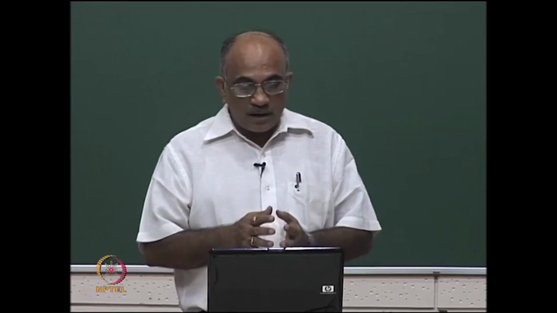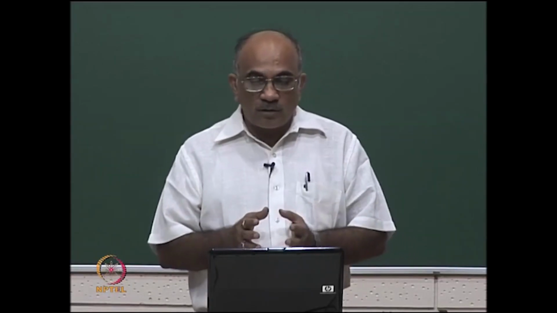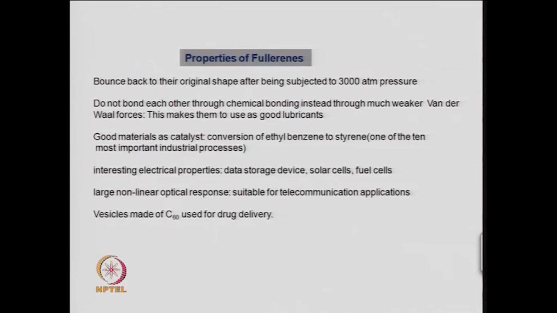Similarly, fullerenes also do not bond through covalent bonds to each other, and hence they are also used as good lubricants. There are catalytic properties of fullerenes which have been shown.